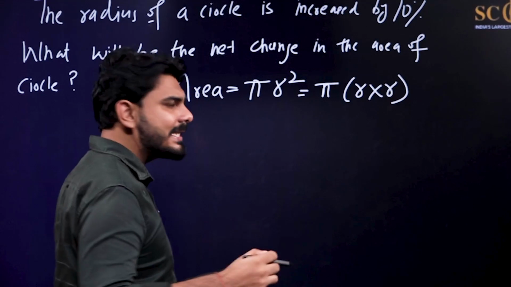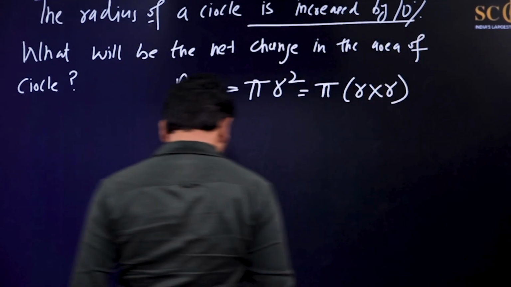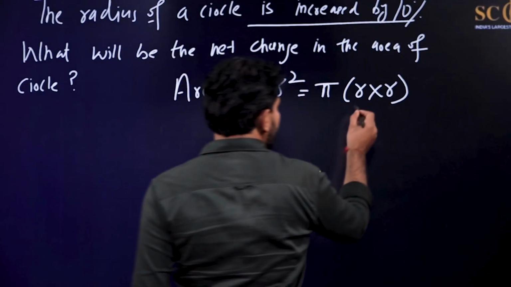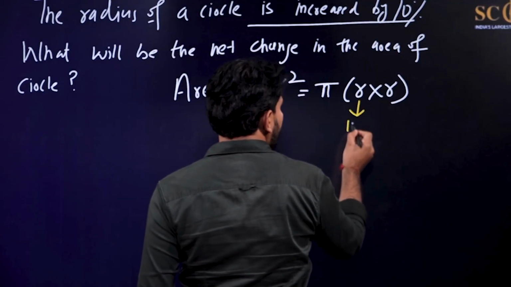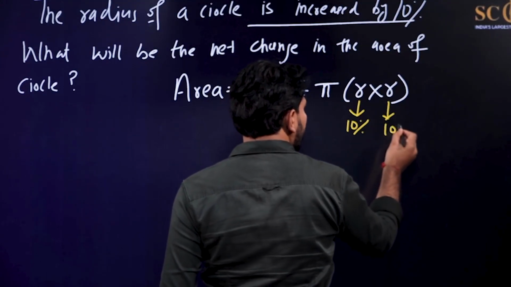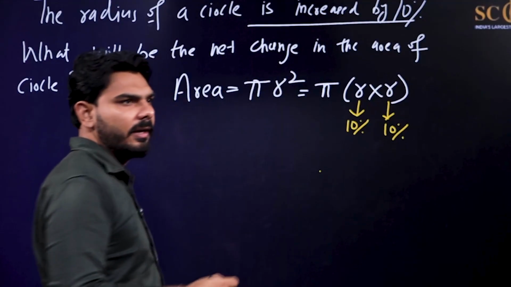Now in this case you can see that the radius is increased by 10%. This radius is increased by 10%, and this radius is also increased by 10%. So now we can use this method.